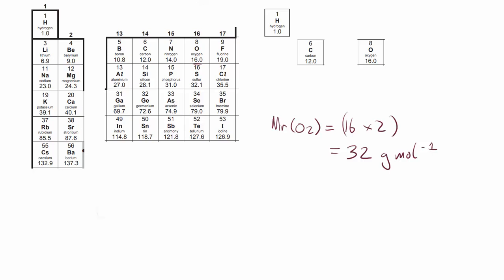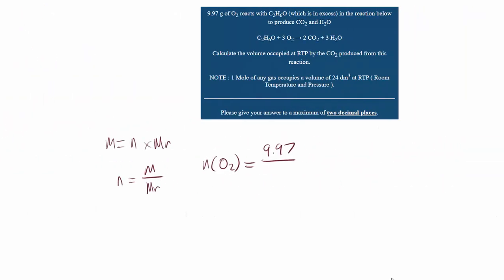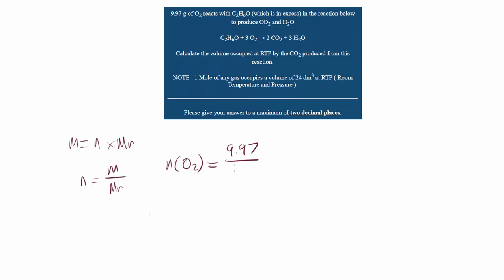So we've now got 32 as the Mr of O2. You can plug that in here, 32, and that gives us the number of moles of O2. If you work that out, you should get 0.3115625, in moles.